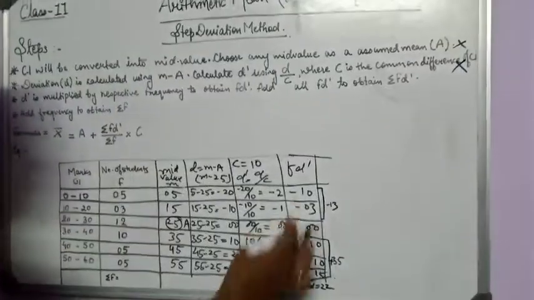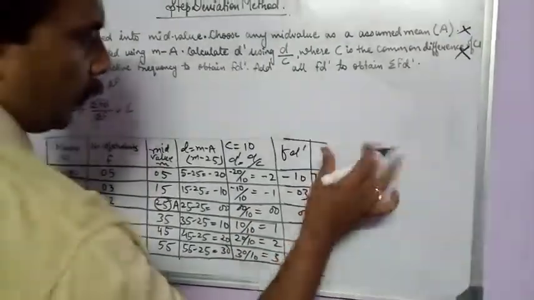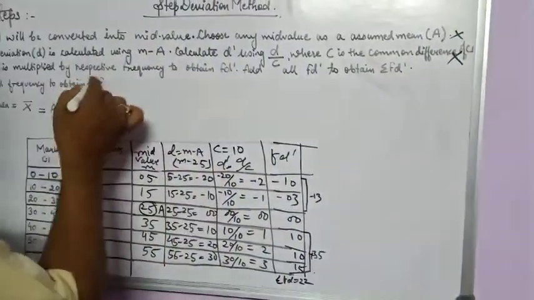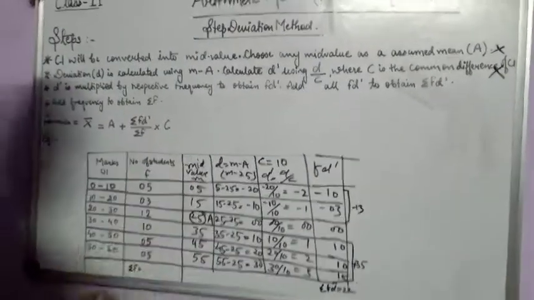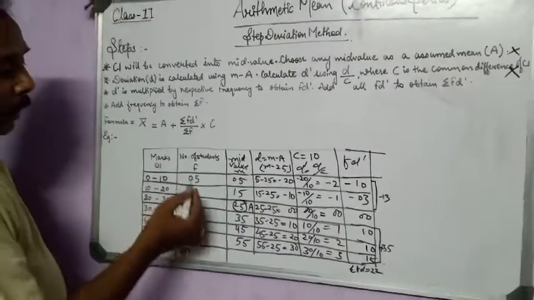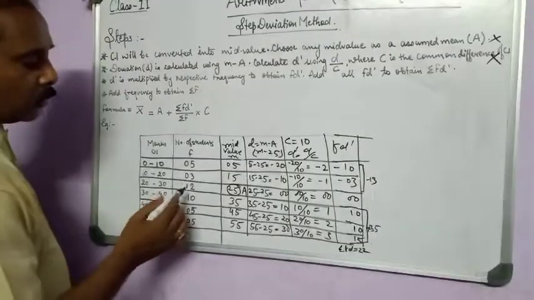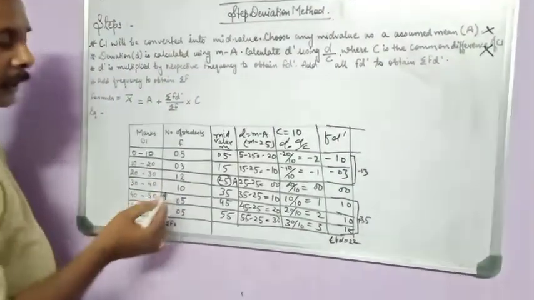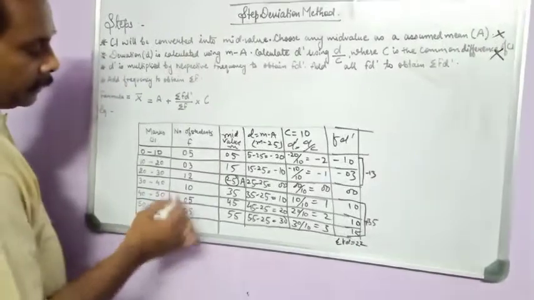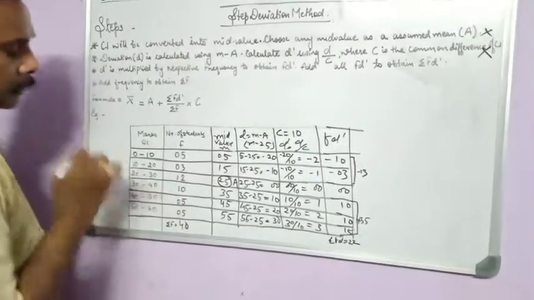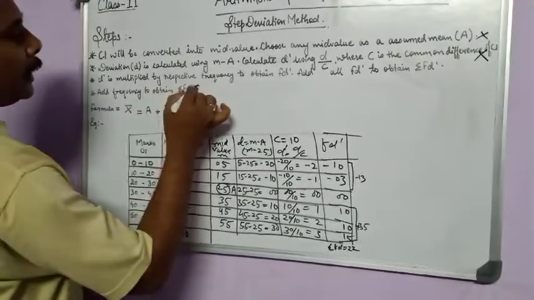Clear? This is the difference. Now we have already done sum of F. I have to do 5 plus 3, 8, 8 plus 12, that is 20, 20 plus 10, that is 30, 30 plus 10, that is 40. So now we have already done.